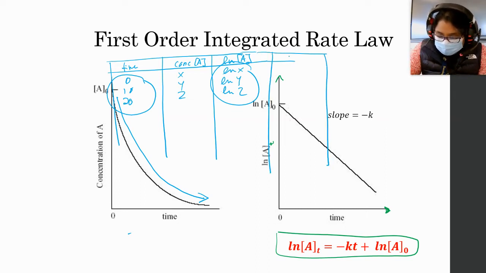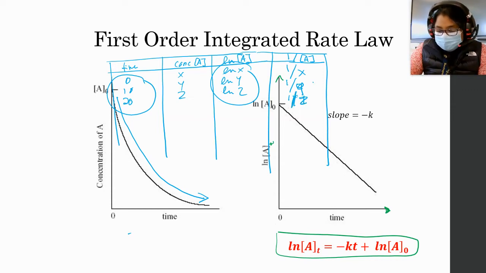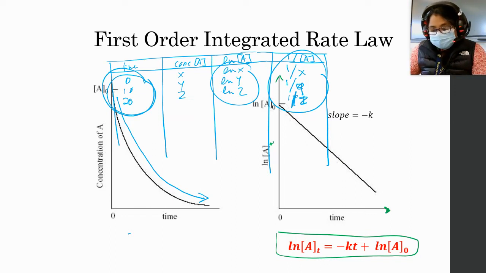This one would be 1 over the concentration of A. So you would just be like 1 over x, 1 over z, 1 over y, etc. Oh, this is y, this is z. Okay? If this and time gives you a straight line, then you have a second order integrated rate law.